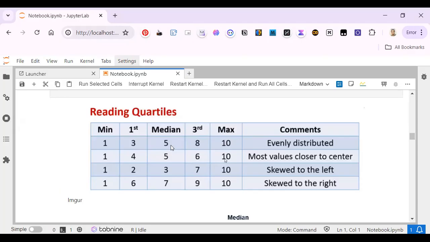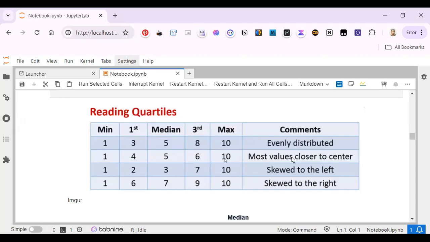In that case, the first quartile itself is 55, or the first value is something like 25 for the first quartile and the next is 30. Then that is called evenly distributed.